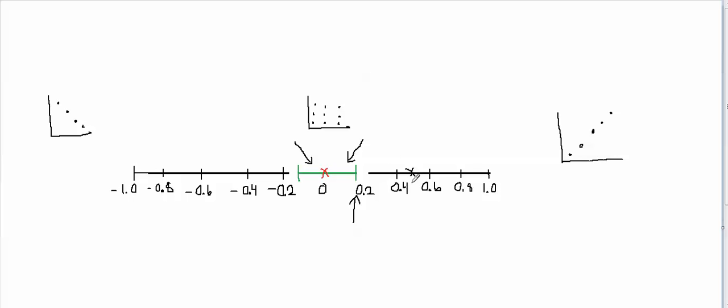You reject the null hypothesis of no correlation and say that there's a positive correlation in the population. If your sample correlation is far enough below 0 to reach the negative critical value, your outcome is unlikely in the null situation, which means the null is rejected, and you say that there is a negative correlation in the population.